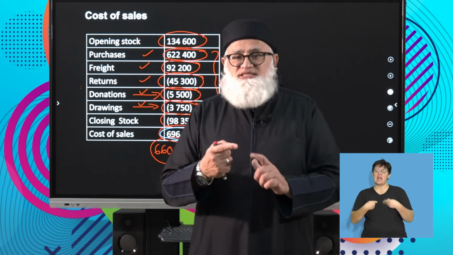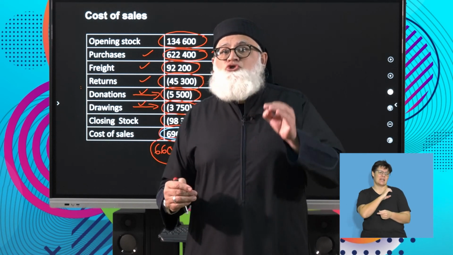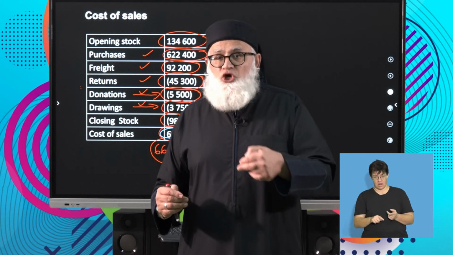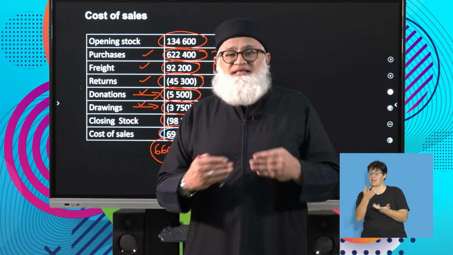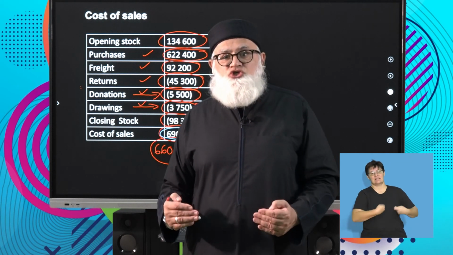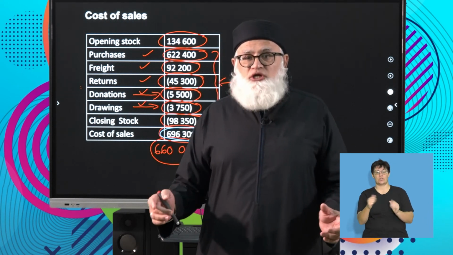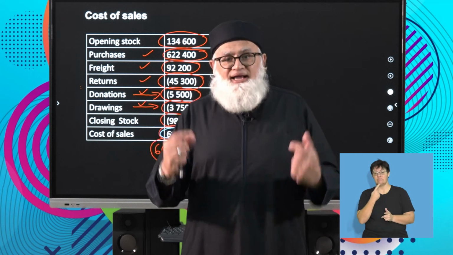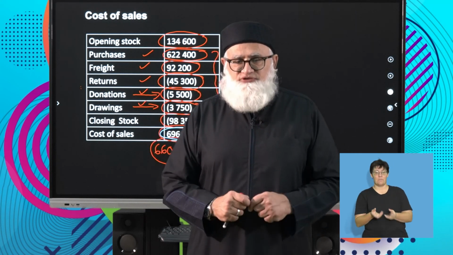Carriage on purchases, import duties, customs duties, all of them. Do not include carriage on sales. We've alluded to this before, just a reminder. That will give you merchandise available for resale, less your closing stock will give you your cost of sales. Eventually, you take your sales minus your cost of sales, and that will give you your gross profit.